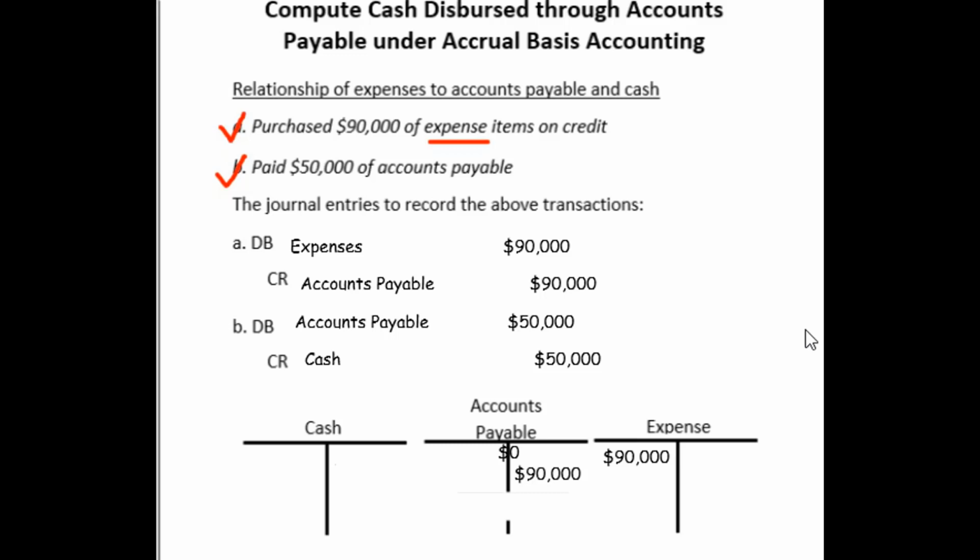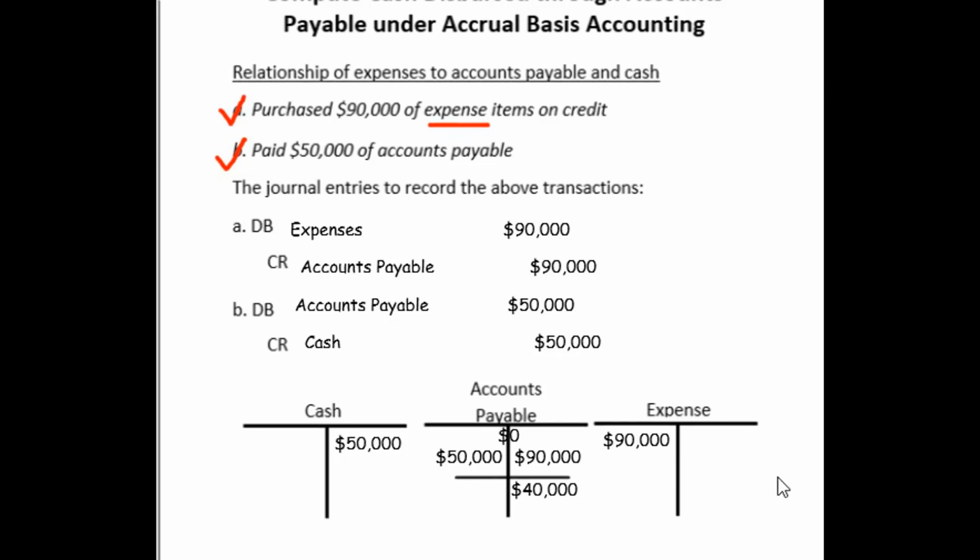Okay, entry B then is we're going to debit accounts payable for $50,000 and credit cash for the cash going out the door to pay off that accounts payable, $50,000. Now again, if we take a look at the net of accounts payable, that nets out to $40,000. So we have a remaining credit balance in our accounts payable account of $40,000. That represents money that we still owe.